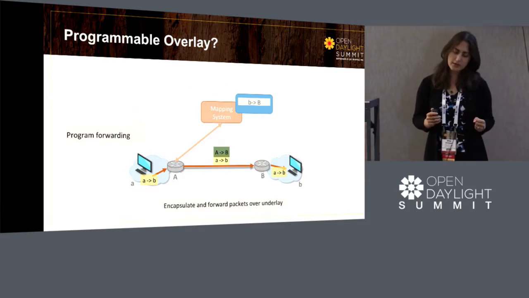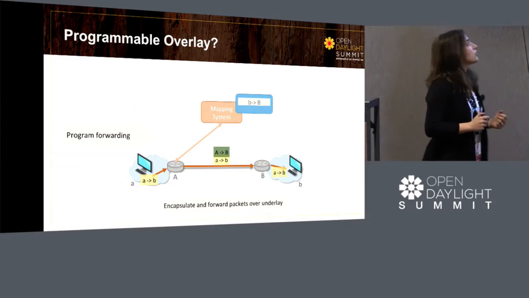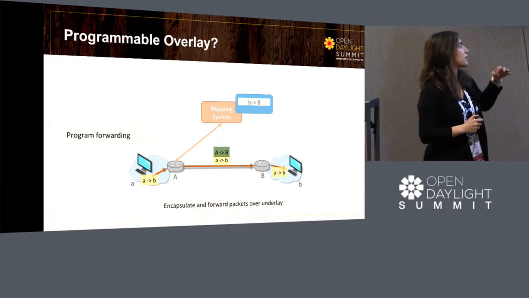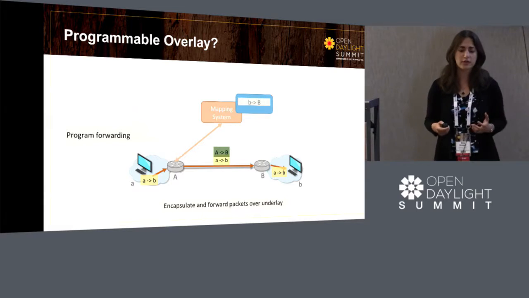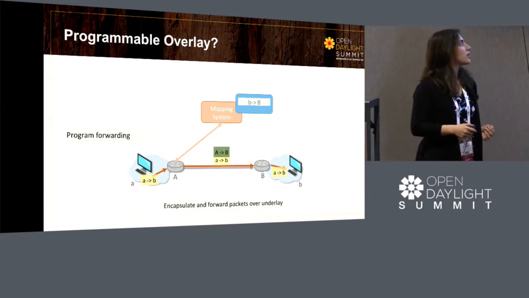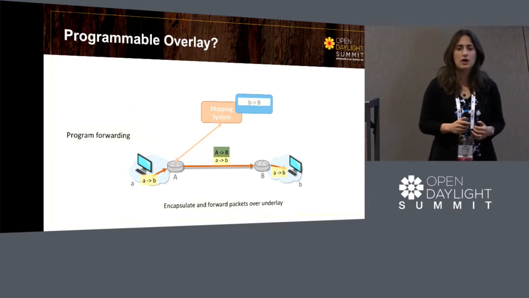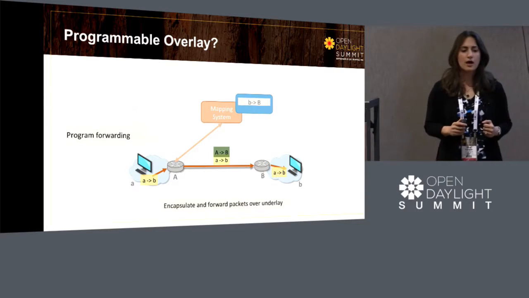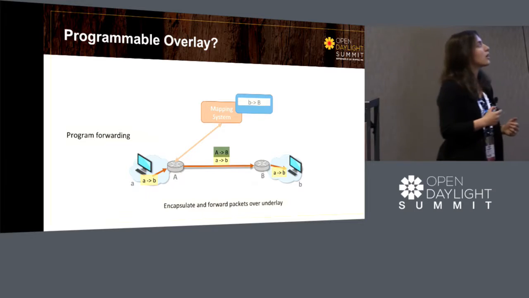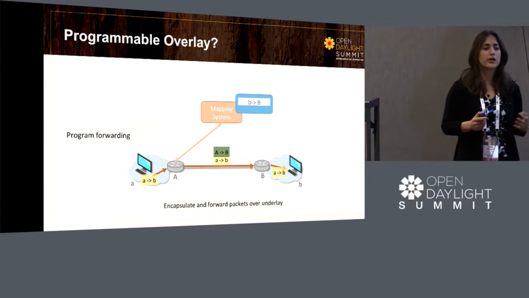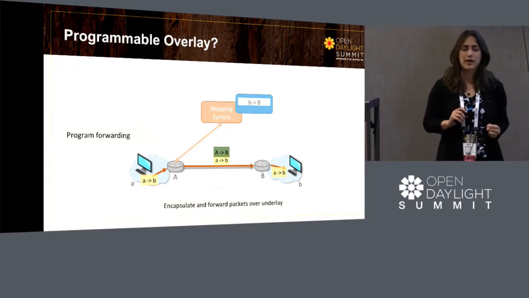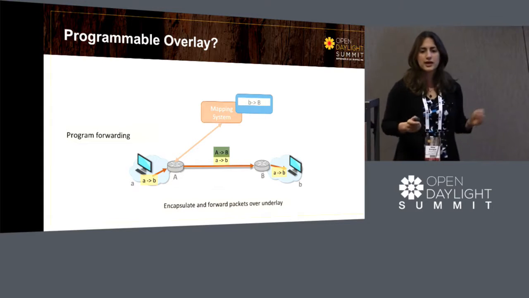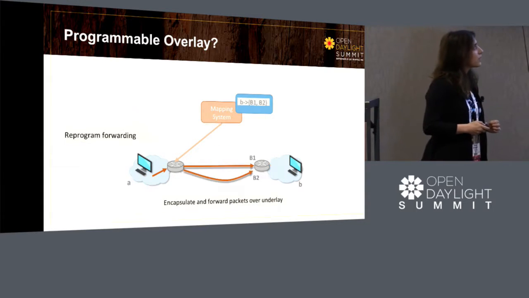So what we mean by data-driven control plane is that, if host A wants to send traffic to host B, you would see the packet going to the first branch router. The router needs to know where host B is located, so it will query the mapping system. It will get the attachment point address for site B, and it will encapsulate the packet to there. The destination router will decapsulate and send it to the host.